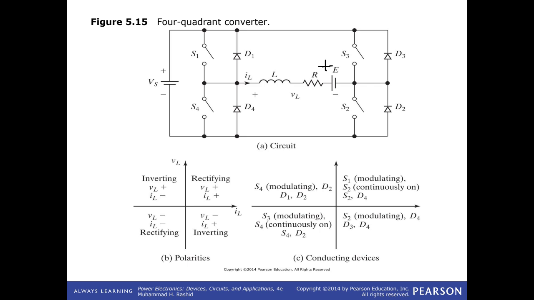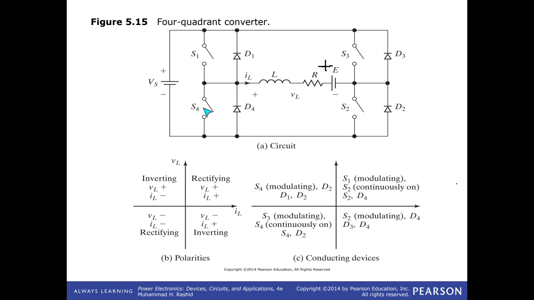So actually what happens here, current is going to leave the source and put S4 on, and then through the diode, current is going to flow like this. You are actually storing energy in your inductance.